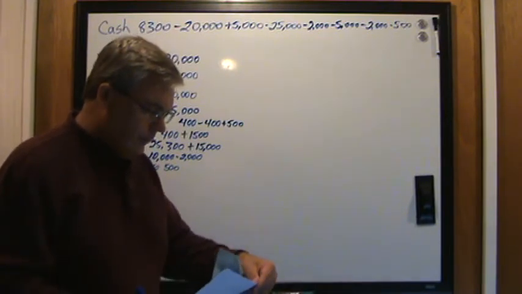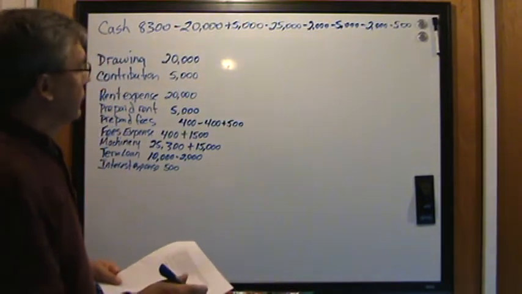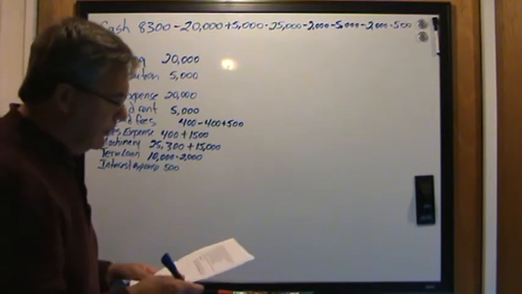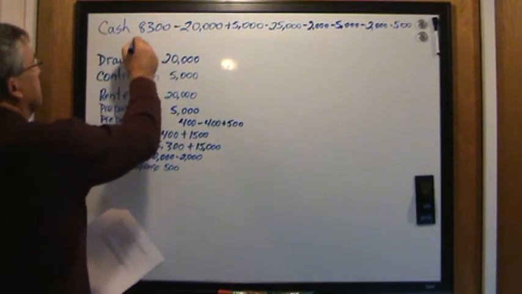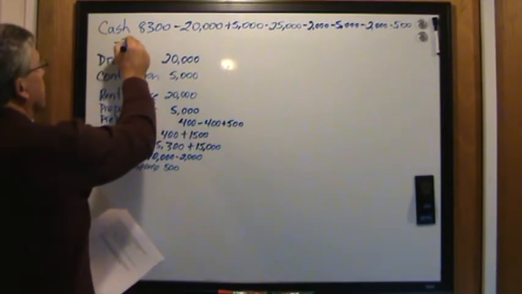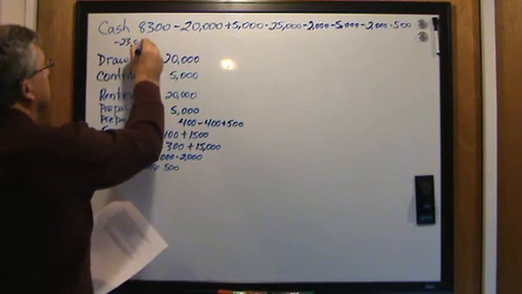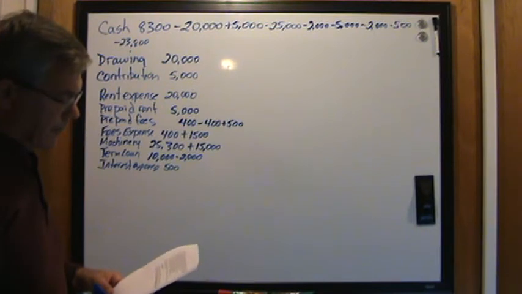Wages totaling $23,800 were paid during the year. So let's start by putting that number here, because we know that was paid in cash. $23,800 was paid in cash during the year.